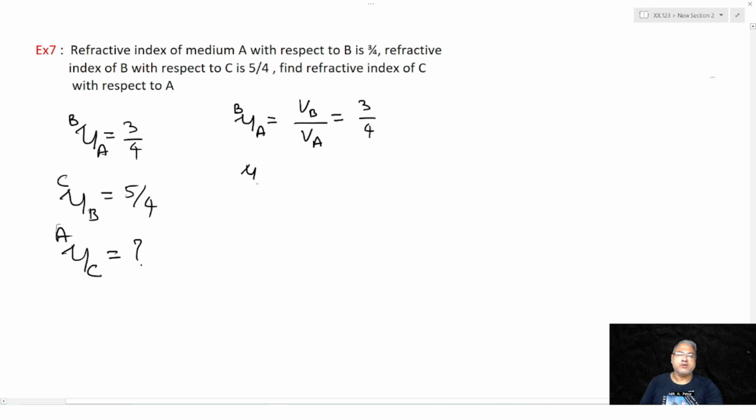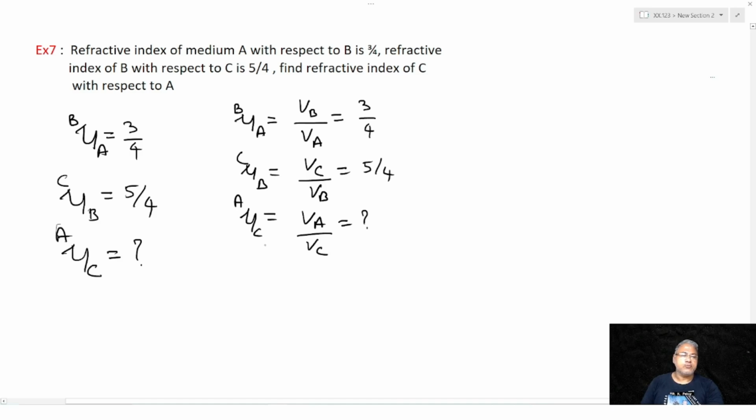The refractive index of B with respect to C is nothing but VC upon VB, that is 5 upon 4. And the refractive index of C with respect to A is nothing but VA upon VC, which is the unknown.